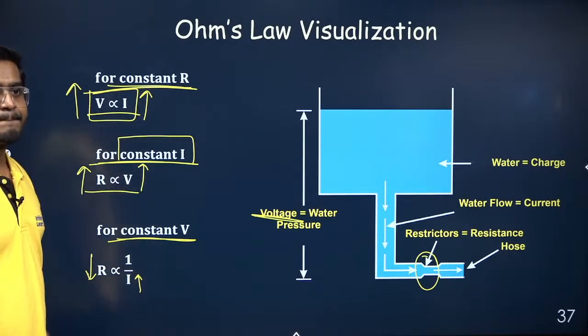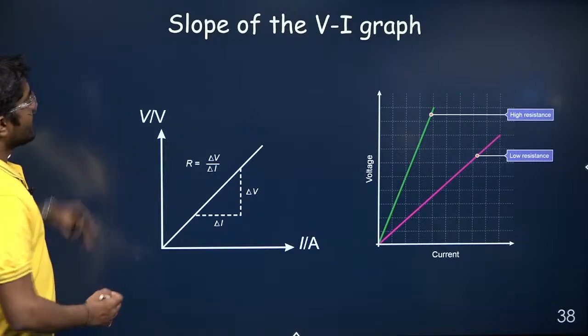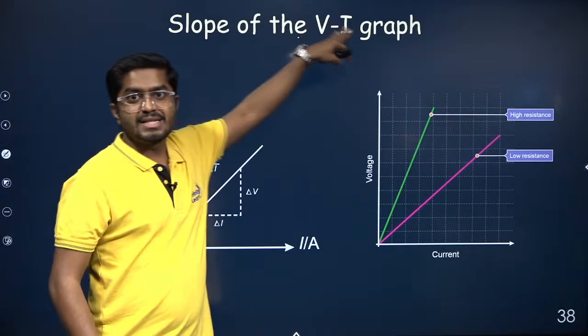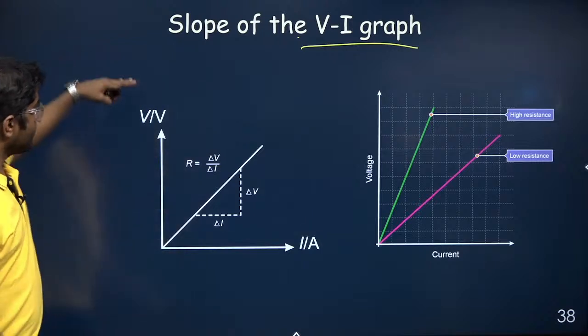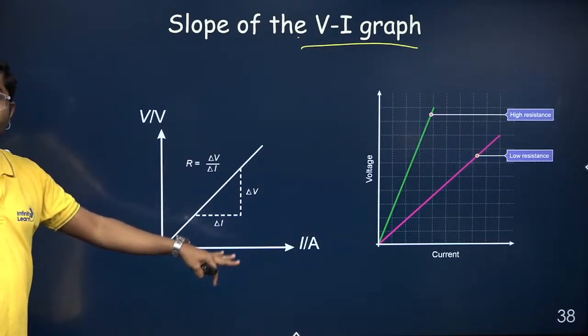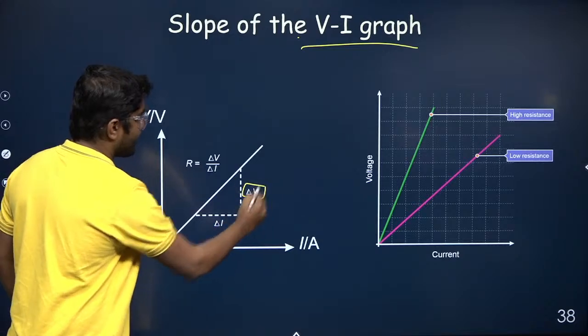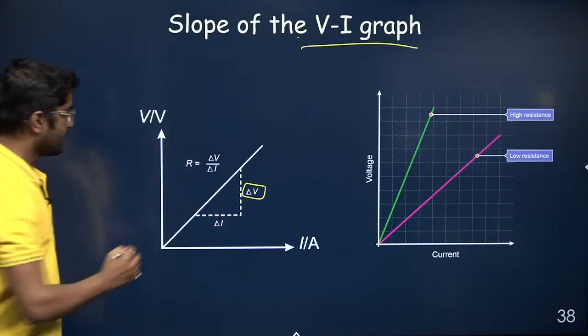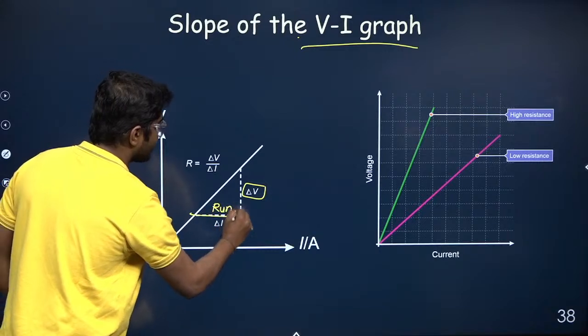Alright. So now, there is a voltage versus current graph. You plot V versus I. So how do you find the slope? The slope is change in the y coordinate. You know, for any graph, there is a run, and this one is rise.